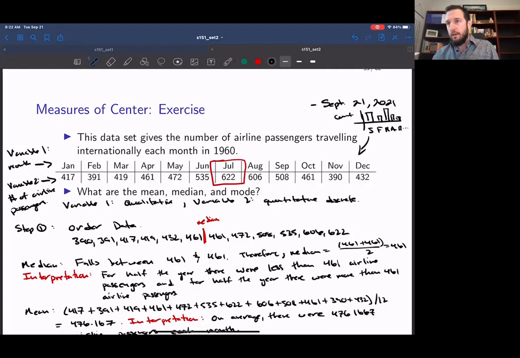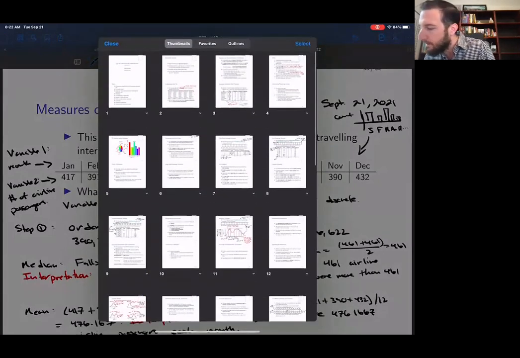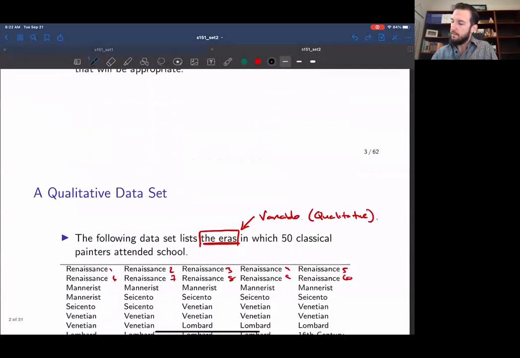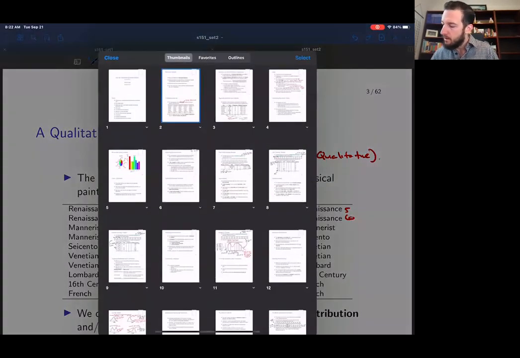The other way that you could think about this is if you think back to the original qualitative data set that we worked with, the data set shown here. This data set has essentially listed out all of the different outcomes in the qualitative variable, right? So you have Renaissance appearing 10 times, for example, Mannerist appearing 6 times, et cetera.